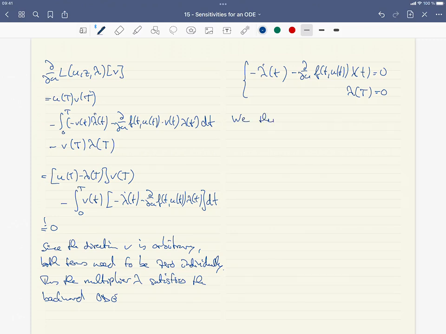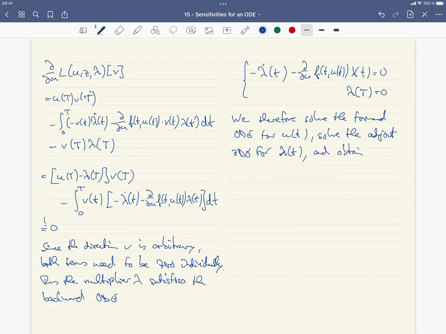So we therefore solve the forward ODE for u of t, solve the adjoint ODE for lambda of t, and obtain the sensitivity by evaluating lambda of 0.